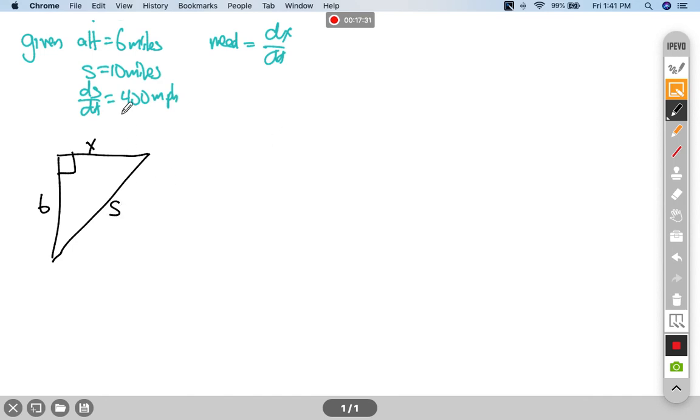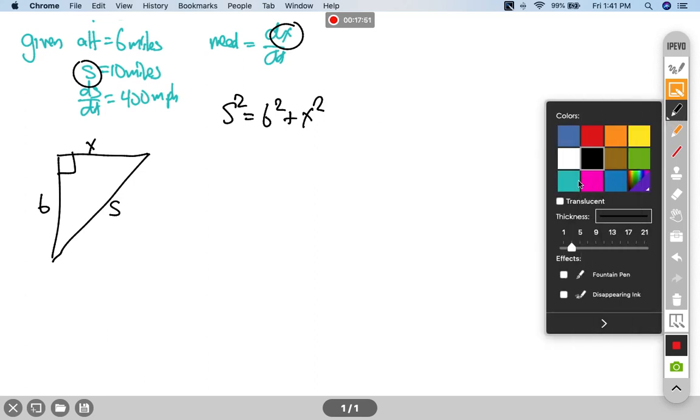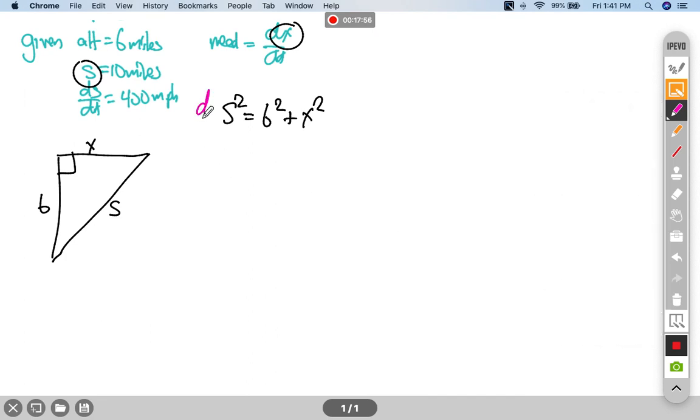So my variables, I have s involved and I have x involved. An equation that can relate those, since this is a right triangle, is s squared equals 6 squared plus x squared. Now we will do our derivative with respect to time.